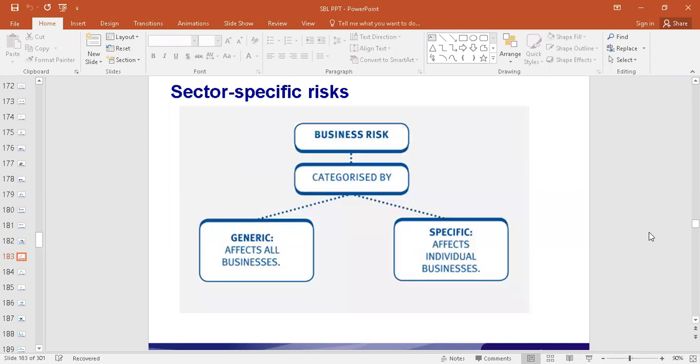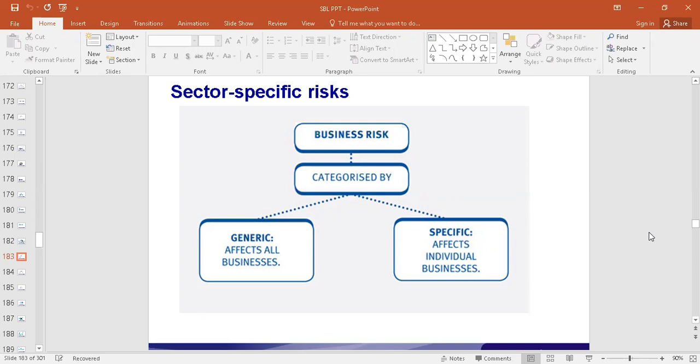Another category is about sector specific risk. Business risks that are generic will affect all the businesses. There are risks that affect only specific business industries. Let's say that in a particular type of industry there is a material that is used.